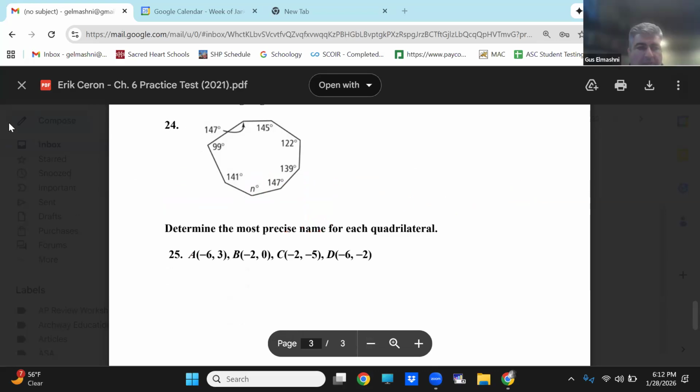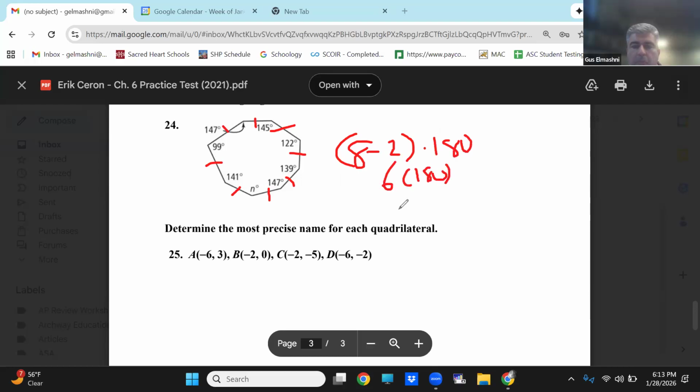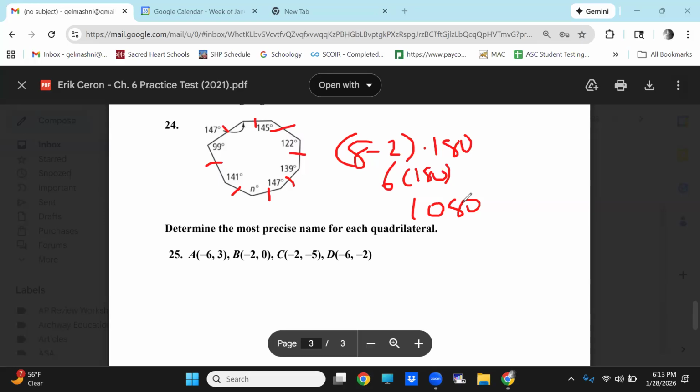Well, count the number of sides. 1, 2, 3, 4, 5, 6, 7, 8. 1,080 minus 940. 140.